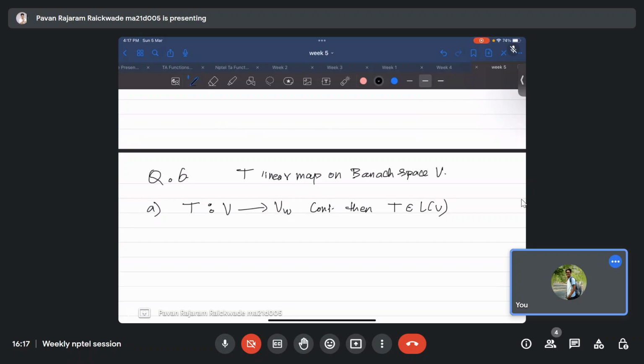We'll check this. Okay, so T from V to VW is continuous. That means here it's norm topology, and here is weak topology.